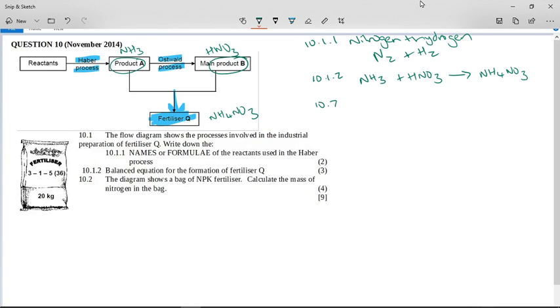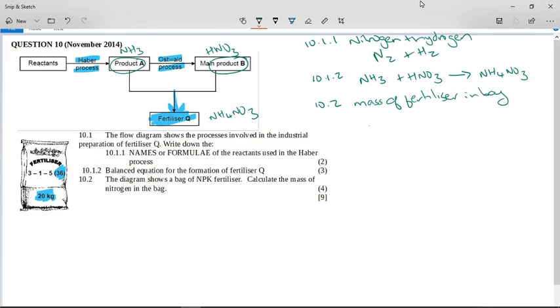Now it says to you, the diagram shows a bag of NPK fertilizer. Calculate the mass of nitrogen in the bag. So on the bag, the first thing we must look at, it's a 20 kilo bag, but it's only 36% fertilizer. Okay, so my first thing I'm going to do is say how much fertilizer is in the bag of all of the fertilizers, yes, of the N, the P, and the K. So what is the mass of the fertilizer in the bag?